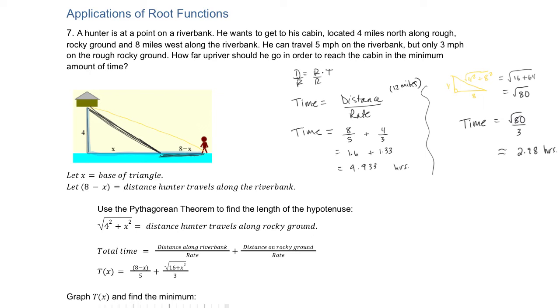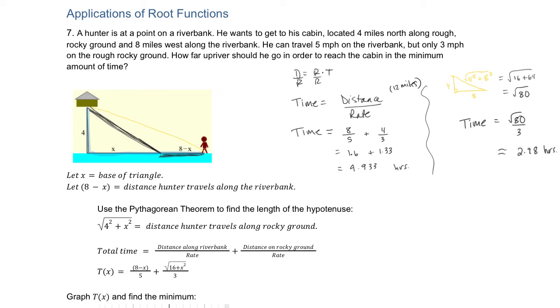But is there even a best way where he gets a little bit of this quicker along the river and then some of the diagonal? That's what we're trying to decide. So I'm going to write an equation that has to do with his time.